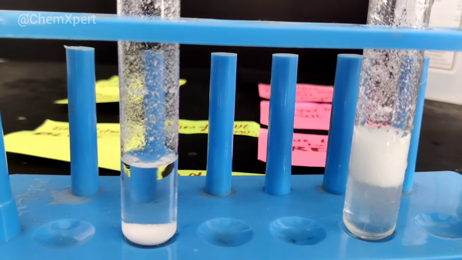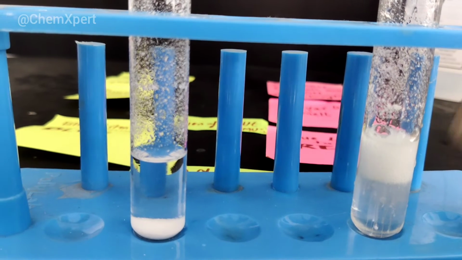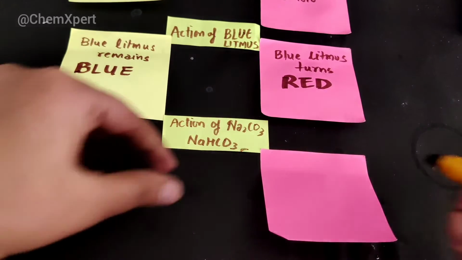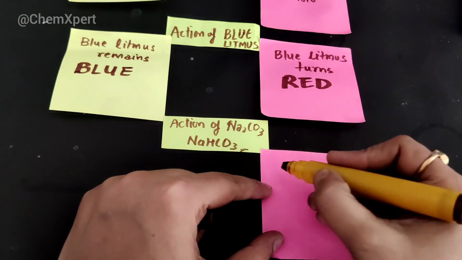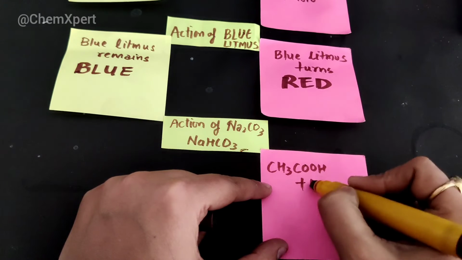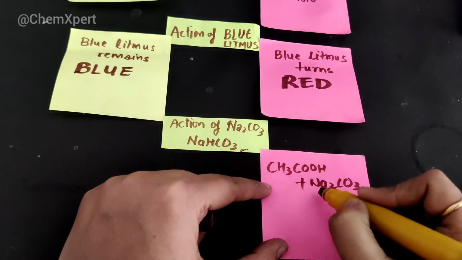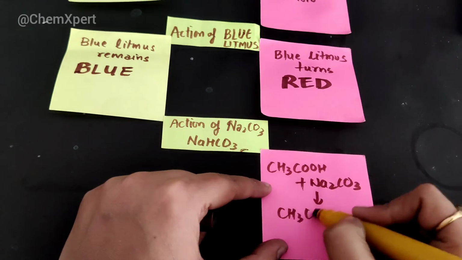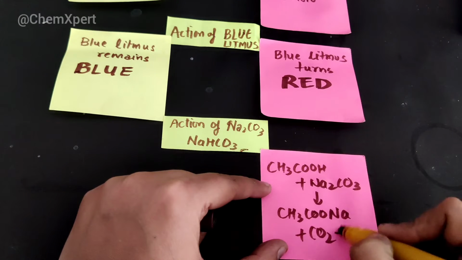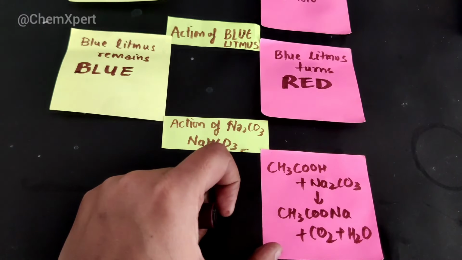It is just a neutralization reaction where carbon dioxide is evolved. For example, CH3COOH plus Na2CO3 forms CH3COONa, carbon dioxide is evolved and water is formed here.